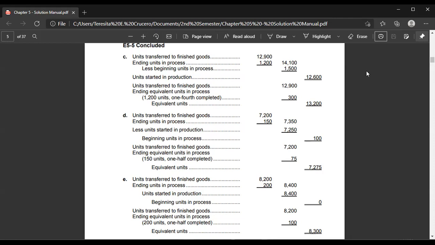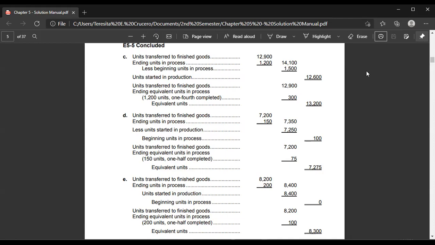If you add 12,900 and 1,200, you get 14,100. And the beginning inventory of 1,500, so meaning you have the difference of 12,600. You have the units started in production.